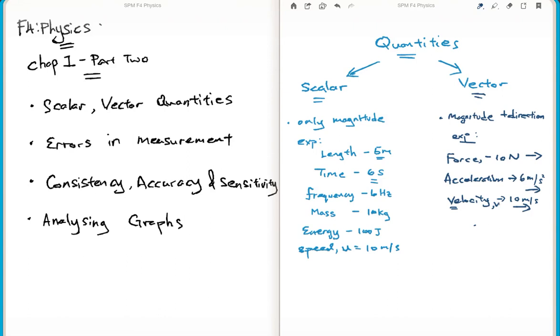Small v is velocity, small u is speed, meaning they tell you how the length changes over time. So any number that tells you a direction and also the magnitude is a vector quantity. I don't need to go deep into it. You may do some reading, then you will have some idea.